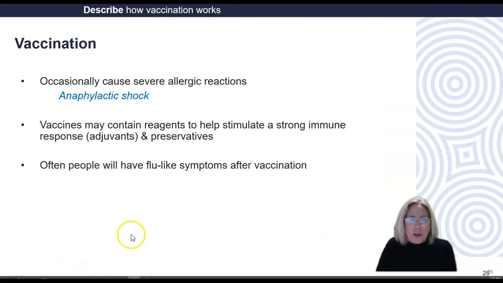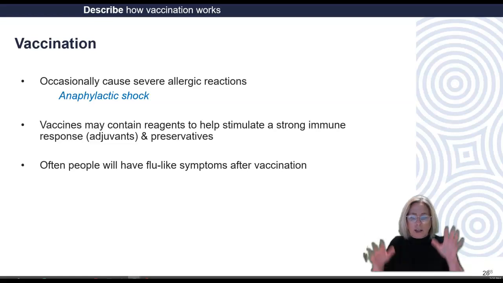Now, as with every medical intervention, occasionally, thank goodness it is rare, vaccination can cause severe allergic reactions, and the end result of a very severe allergic reaction can be anaphylactic shock, where there's systemic vasodilation of blood vessels, and that can lead to a sudden decrease in blood pressure. Vaccines may contain reagents to help stimulate a strong response.